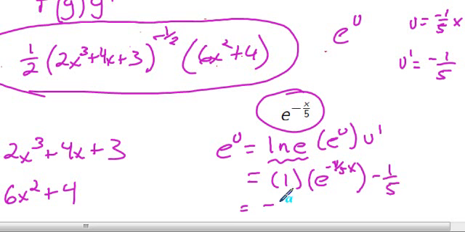So this equals negative 1/5 e to the negative 1/5 x, and that will be your derivative utilizing the chain rule. Yes, you can go through and do it in individual pieces, but in this case I think it would be easier if you just know that the rule we learned earlier was in fact the chain rule embedded into it.